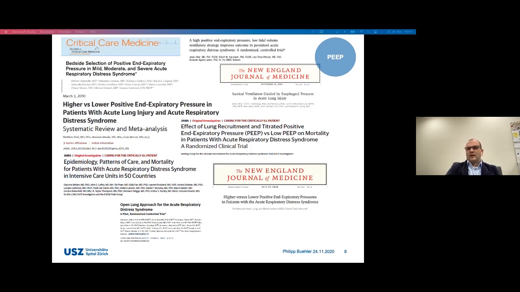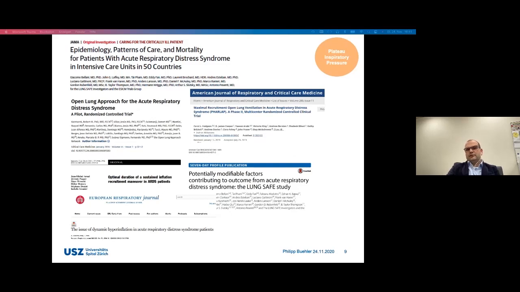In the H type phase, higher PEEP levels often have to be applied. Based on the current literature, plateau pressure has been limited to a maximum of 30 centimeters of water.